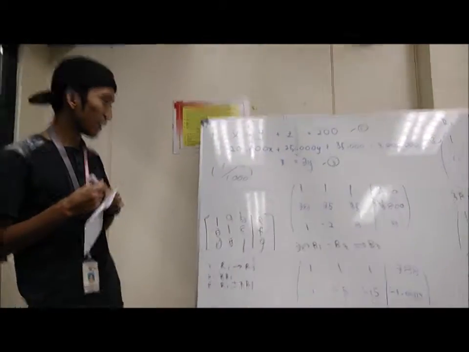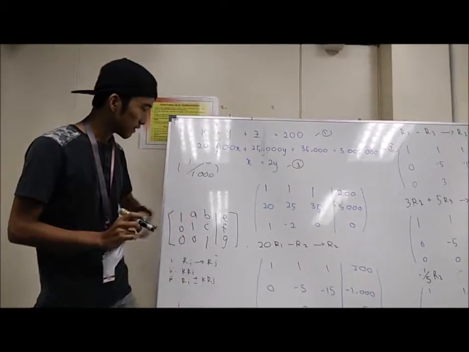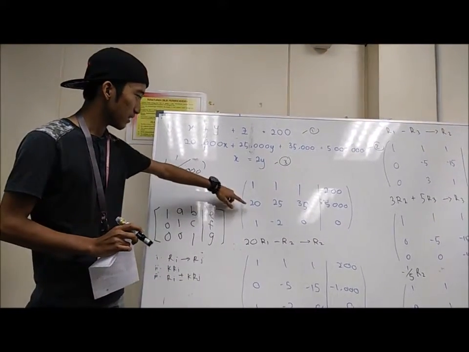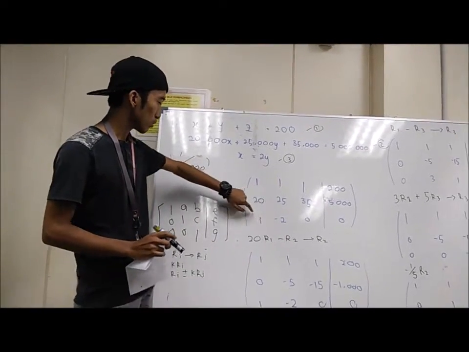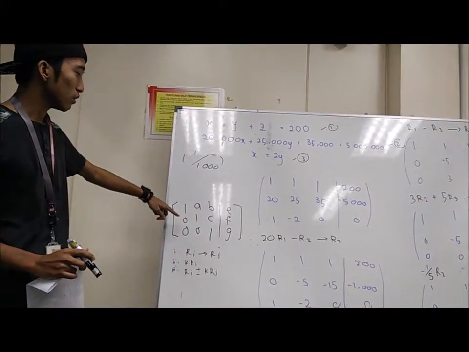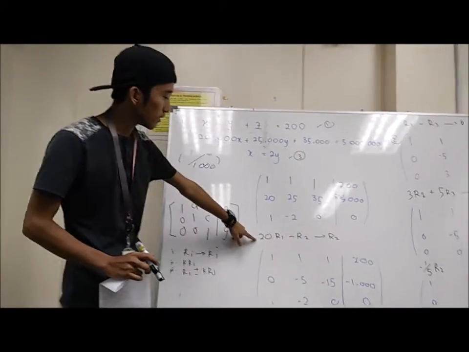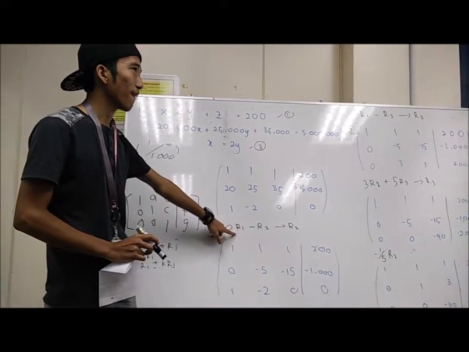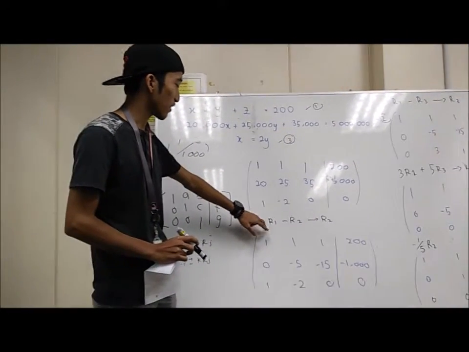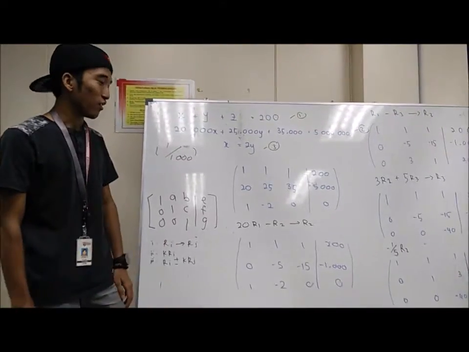Okay, next step, we must change the value of row 2 into the 0. So we must use the formula 20 R1. Okay. R1. This is okay.